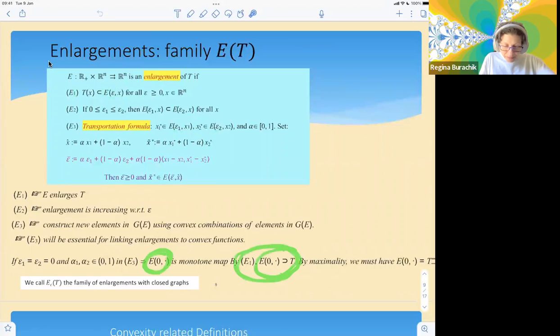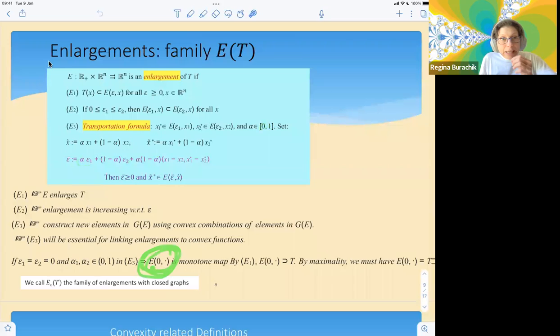But moreover, if you take alpha strictly between 0 and 1, and epsilon 1, epsilon 2 are 0, this part cancels. And this tells you that this is greater than or equal to 0, because this factor here is going to be positive, so this means that this is going to be greater than or equal to 0. And this tells you that this map is monotone.